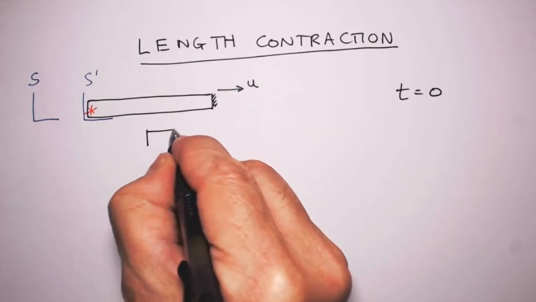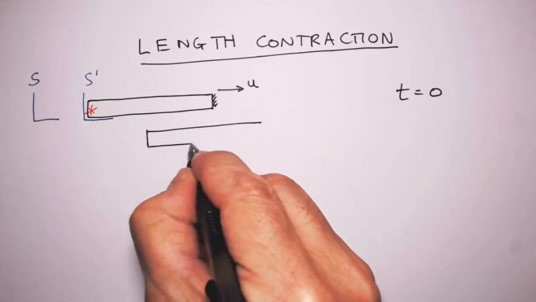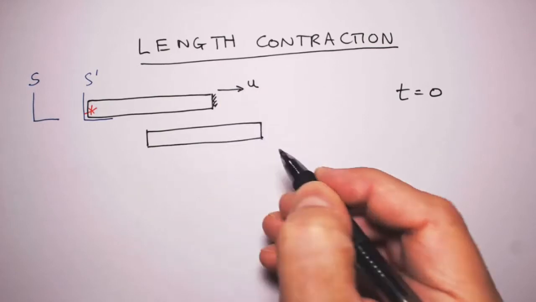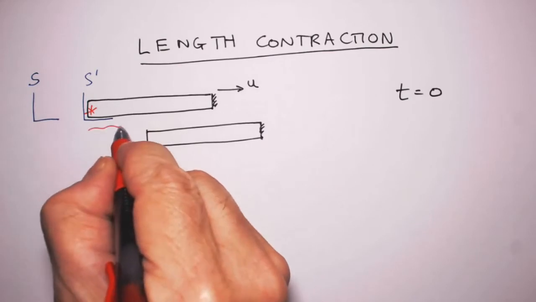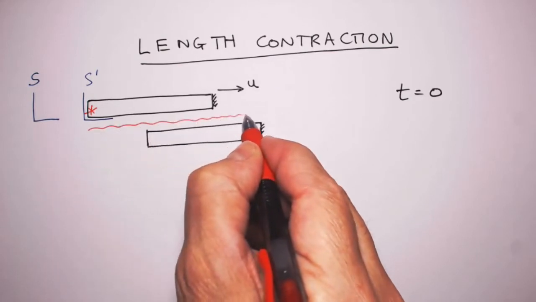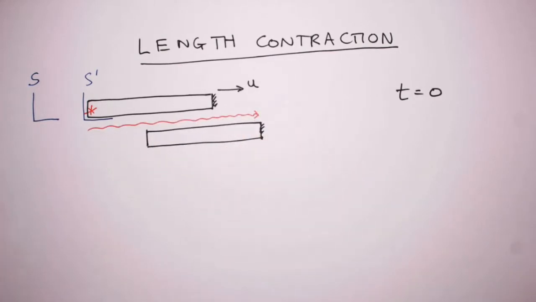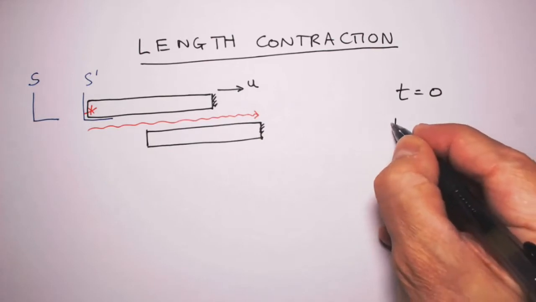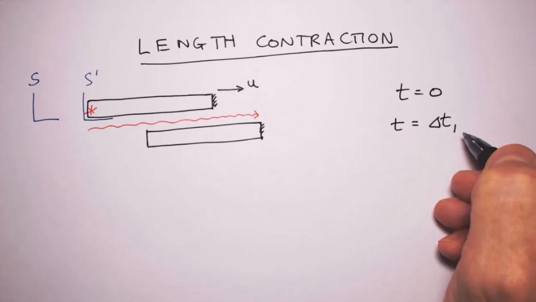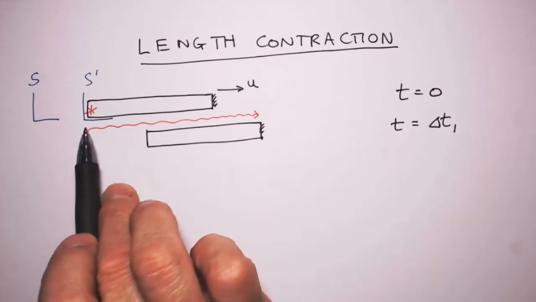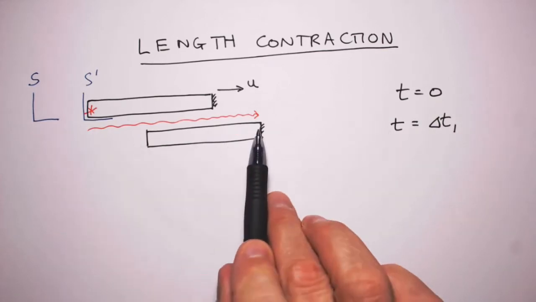So a certain time later, the light clock has got to this position, and the flash of light has traveled to the mirror. And this has happened in a time delta t1, which is the time interval for the signal to go from the flash of light to the mirror.